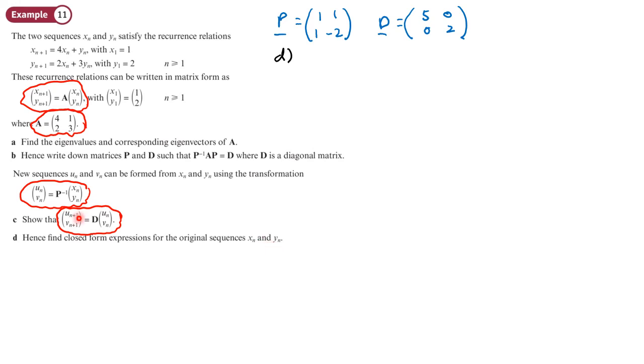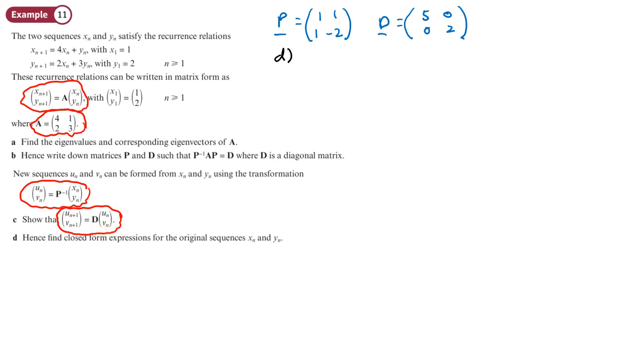Now what have we got? We've got something for what we can call the transformed recurrence relation. So these values here, v and u, and we want to change it or transform it back so that we've got x and y.